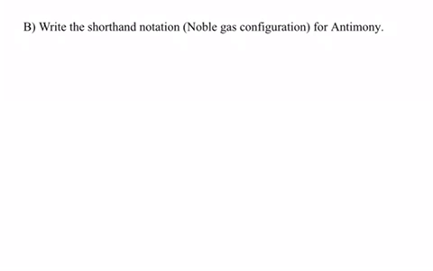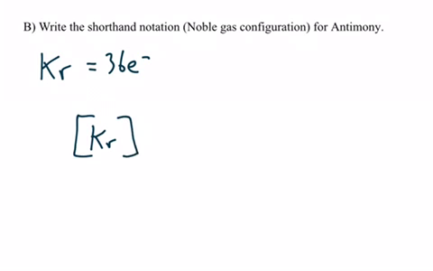Instead, we're going to use the noble gas from the period above, period 4, and that noble gas is krypton. Krypton is 36 electrons. So rather than writing the first 36 electrons as a full notation, we're going to put a bracket with the symbol for krypton in it, and that accounts for the first 36 electrons.